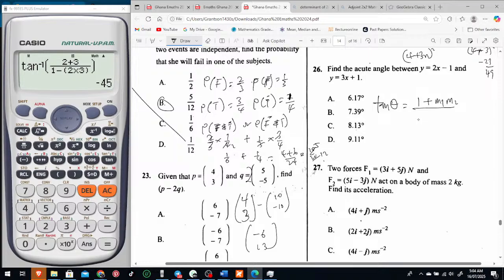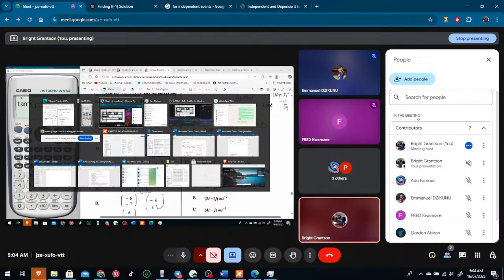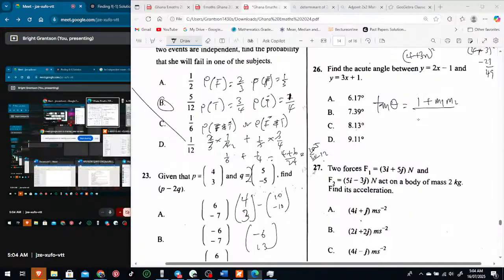I think my formula is correct too. I don't know how come I'm not getting it. Why has the boy dropped from the call? Who was talking?